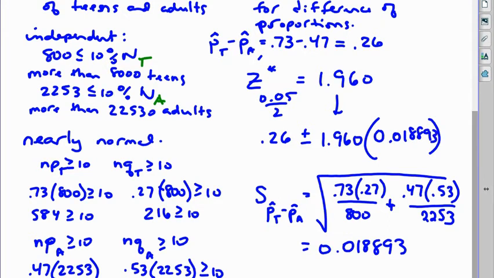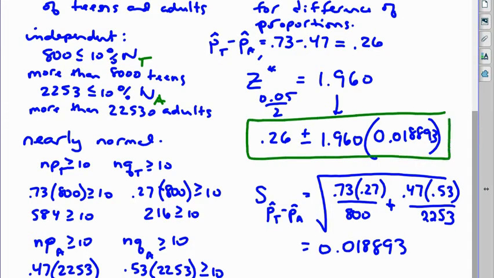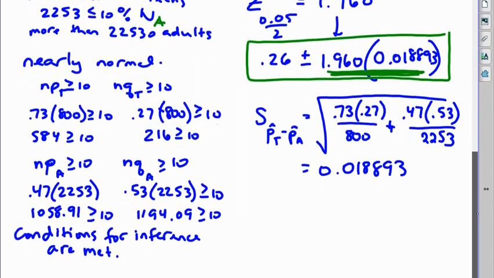Now I'd complete this: 0.26 plus my margin of error, that's my margin of error, and then 0.26 minus my margin of error. Those two things together make the margin of error, the critical Z and the standard error.